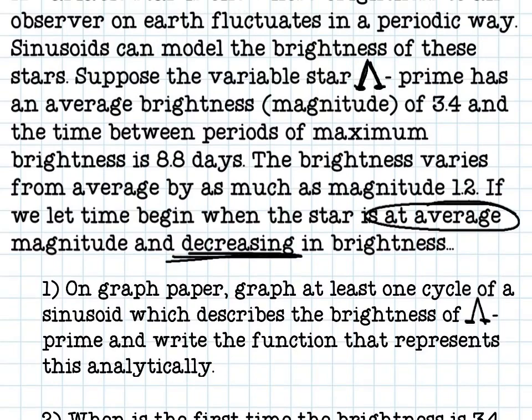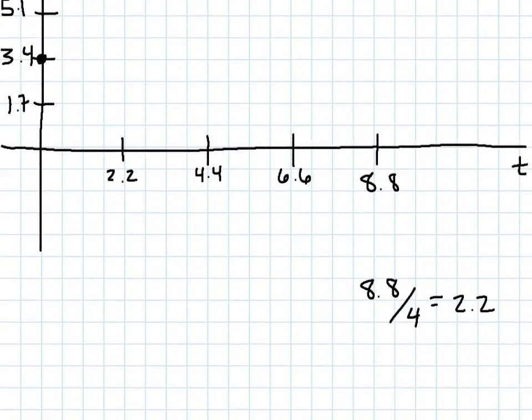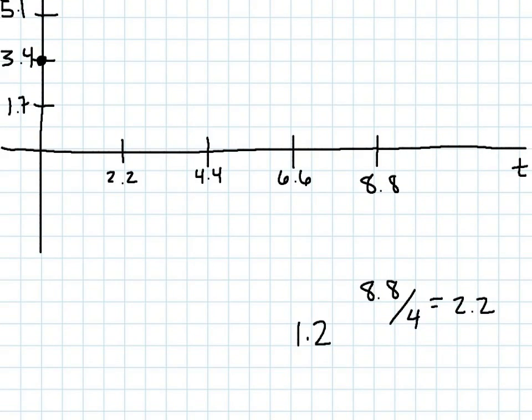So when we draw our picture, starting at average would be 3.4, and then if you're changing by 1.2, that's like your amplitude.